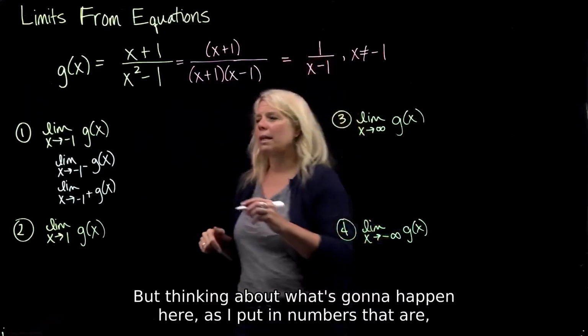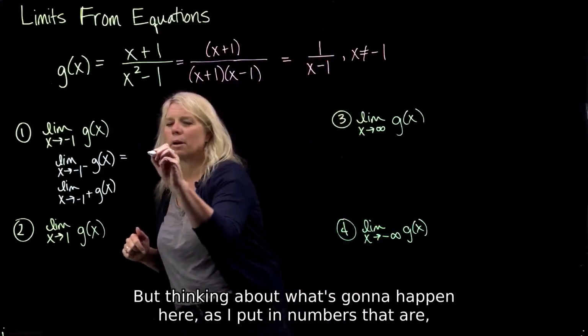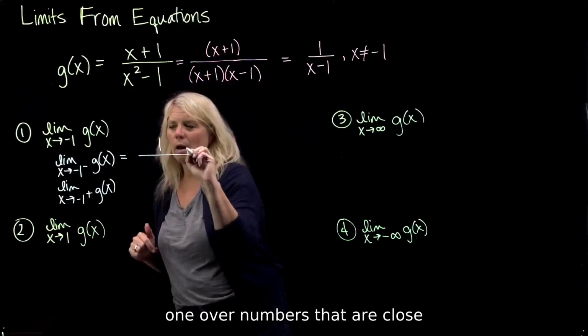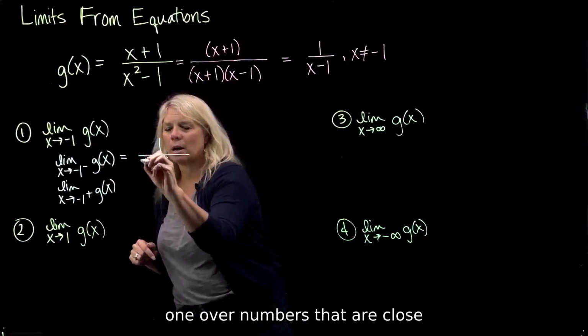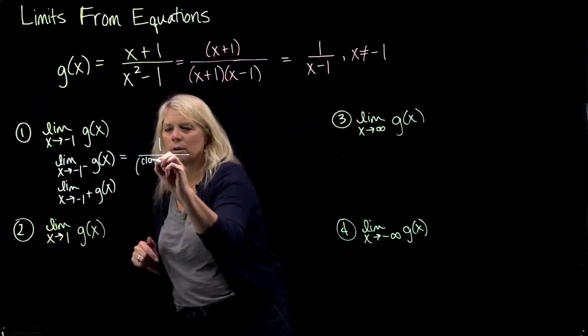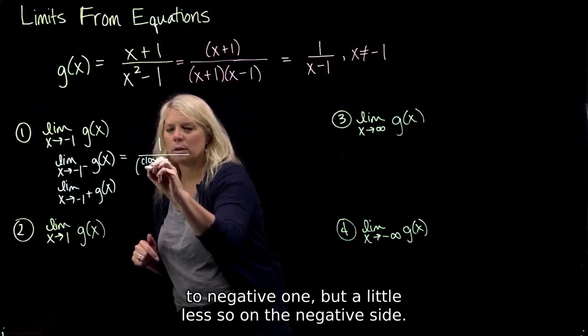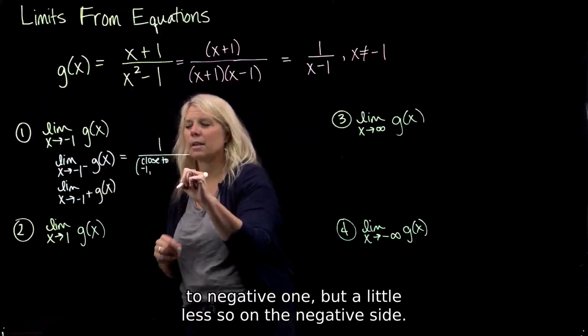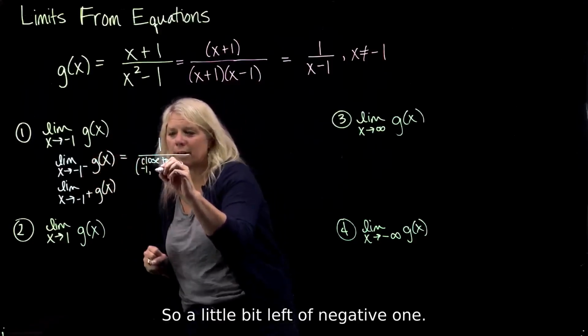But thinking about what's going to happen here as I put in numbers, I'm just going to write some words here: 1 over numbers that are close to -1, but a little less. So on the negative side, so a little bit left of -1.